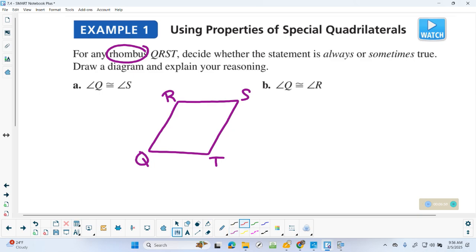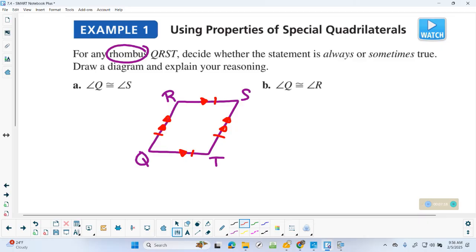All right, before we even start reading these, let's think about our properties of this rhombus. You have the 5 properties of a parallelogram, which are still on the board. Meaning opposite sides parallel. Bear with my bad drawing. Okay, got it? All 4 sides are congruent on a rhombus.